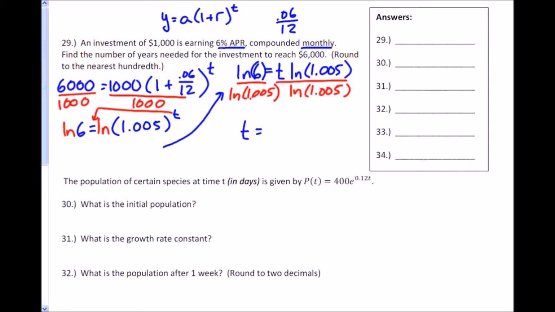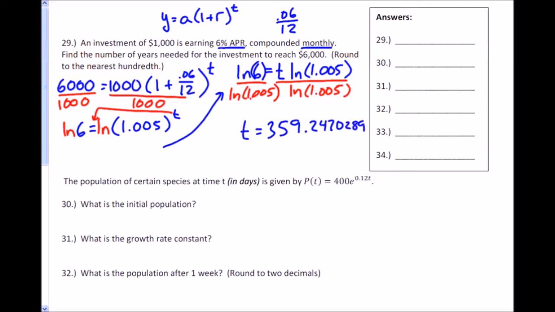When I punch this in, it gives me 359.247 something. And I know I'm supposed to be rounding this off.